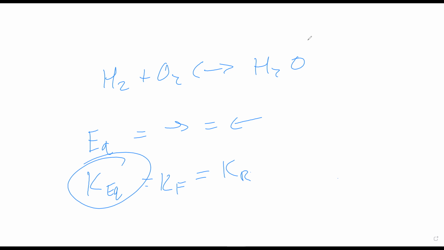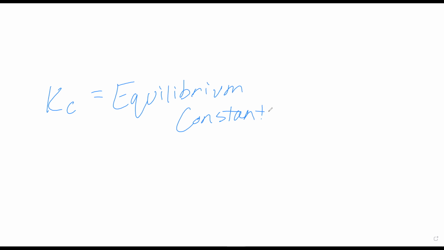So now that we understand that, do y'all understand what Kc stands for? Concentration? Kinda. Kc is your equilibrium constant. When looking at reactions, every single reaction has its own equilibrium constant.